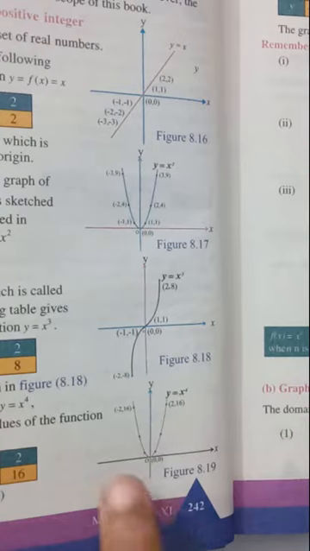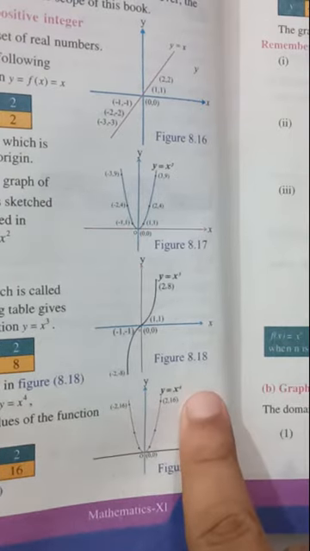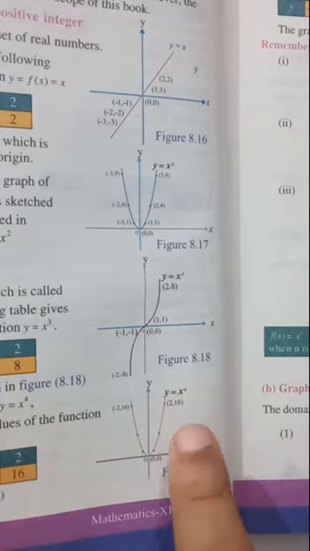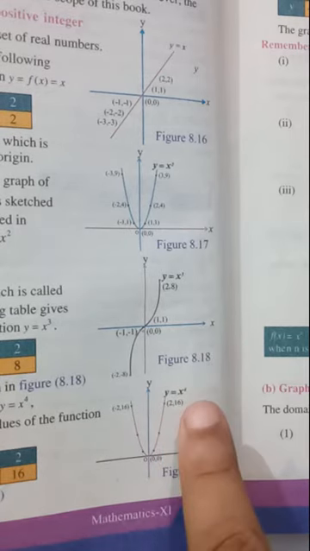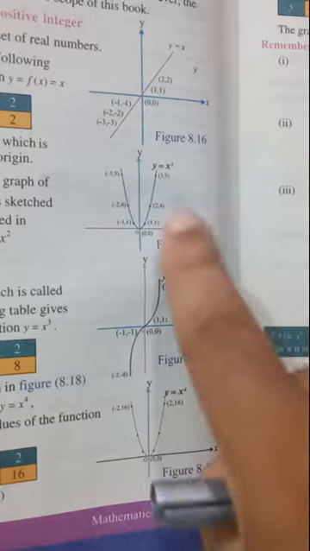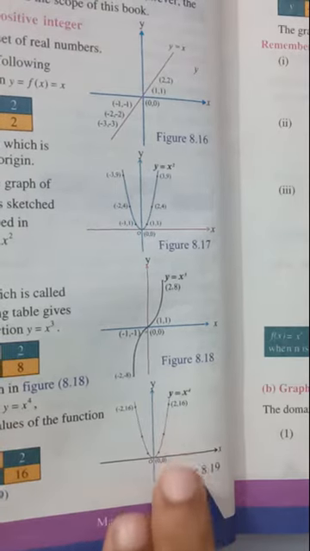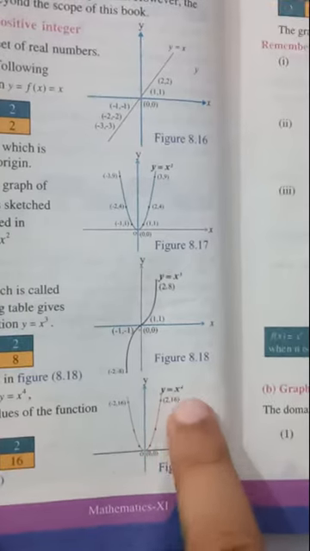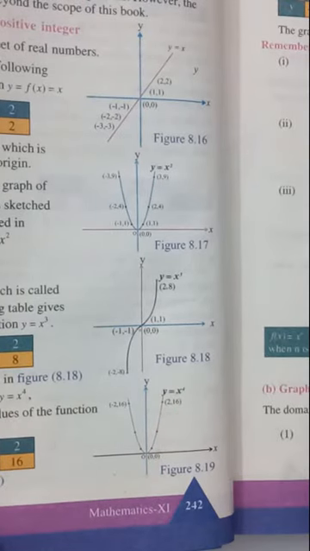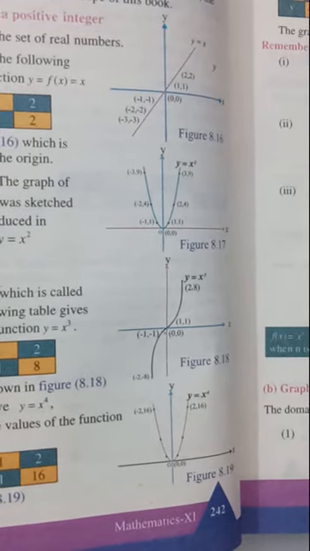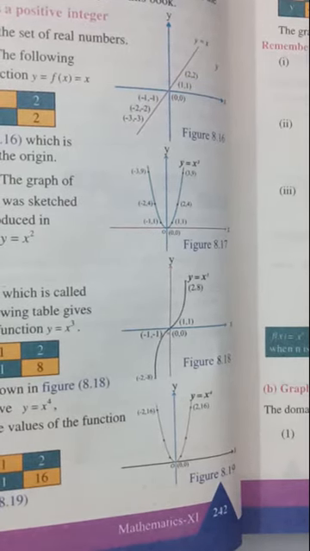Now when y is equal to x power 4, in this case 4 is even, so the graph of y is equal to x power 4 will also be in U shape, like the graph of y is equal to x square. But as the value of n increases and n is even, the graphs will shrink towards the y-axis.